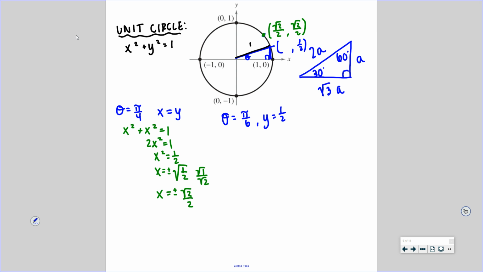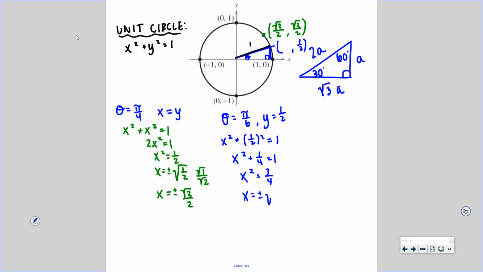We can solve for x by plugging 1/2 into the equation of our unit circle to figure out where it intersects. So let's do that right here. x squared plus y squared, which is 1/2 squared, equals 1. So we get x squared plus 1/4 equals 1, and we get x squared equals 3/4. Square root both sides.